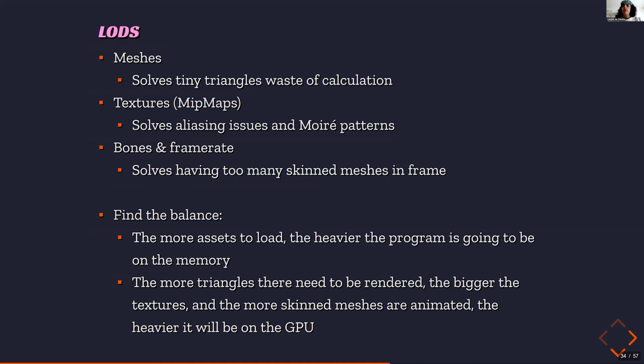The fewer skin meshes, the better. If you have crowds, you will really need to sort out LODs, like the zombie crowds and so on. Even nowadays, it's very costly.